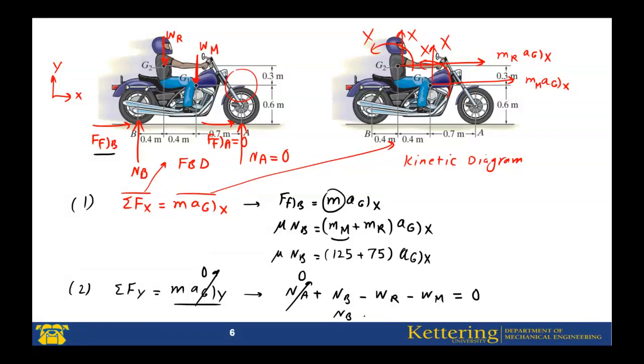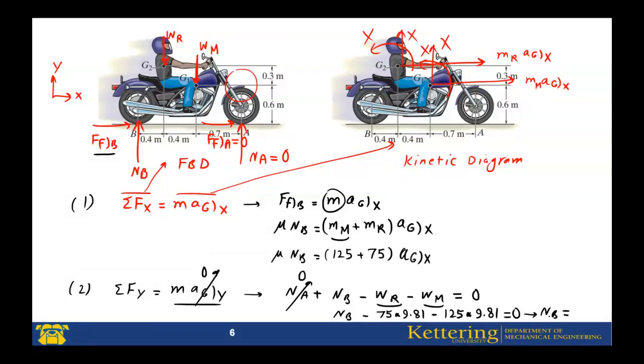If you calculate normal force of B minus the rider, 75 multiplied by 9.81, minus the weight of the motorcycle, 125 multiplied by 9.81, equals 0.